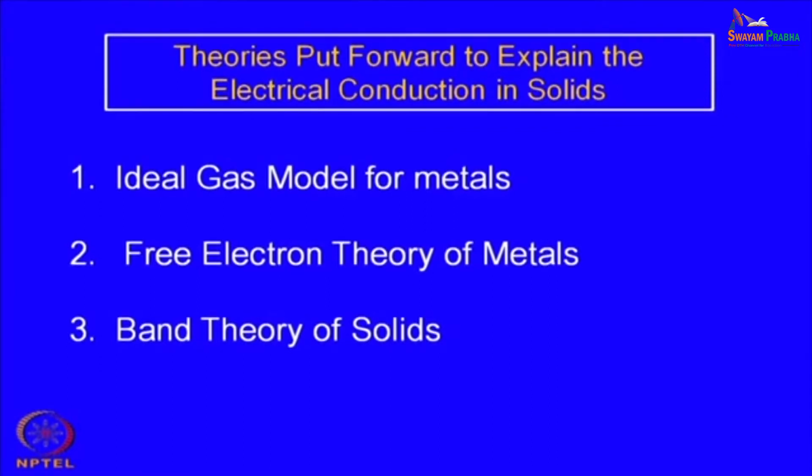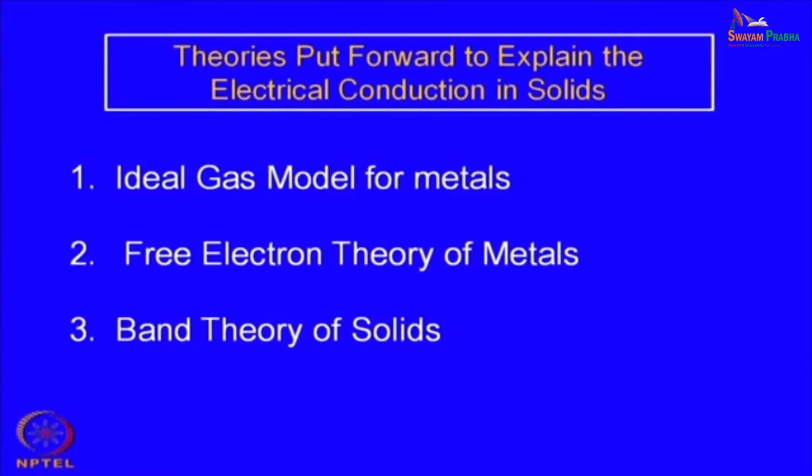So, the first theory which has been put forward is the ideal gas model for metals, and then came the free electron theory, almost in a chronological manner. It is not that all of them came simultaneously, but they came in a chronological manner. First the ideal gas model of metals, then it was not really quite sufficient to explain all the properties.